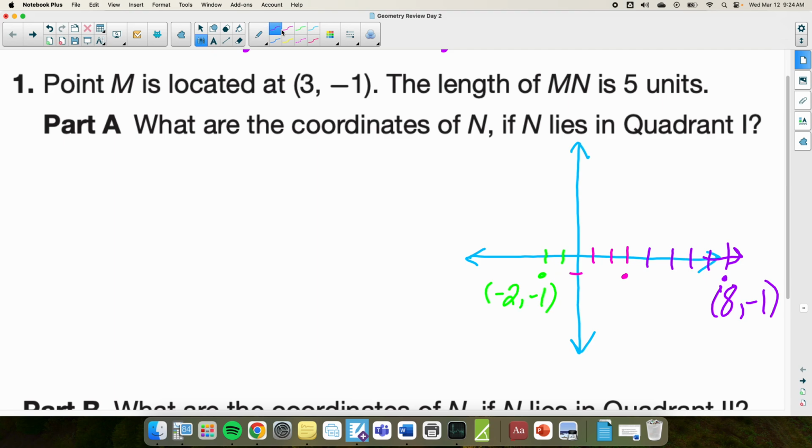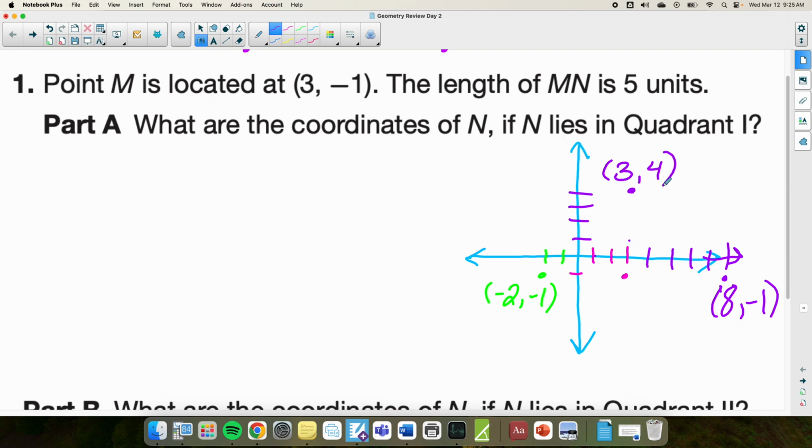Then they're gonna ask you to move it up 5. Okay, right now it's at -1. So it'd go up to 0, and then it would go 1, 2, 3, 4 more. So 1, 2, 3, 4, 5. And that would be over 3 up 4.